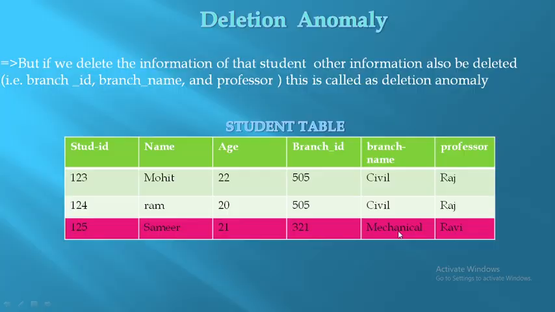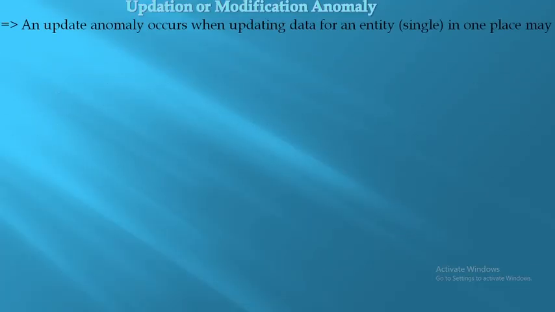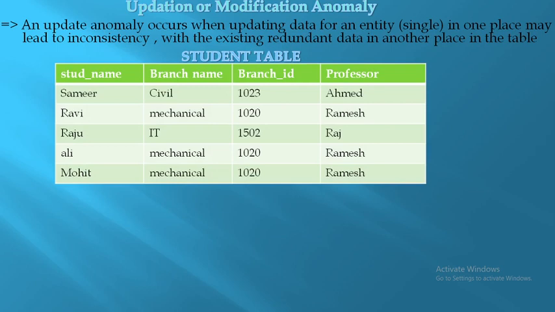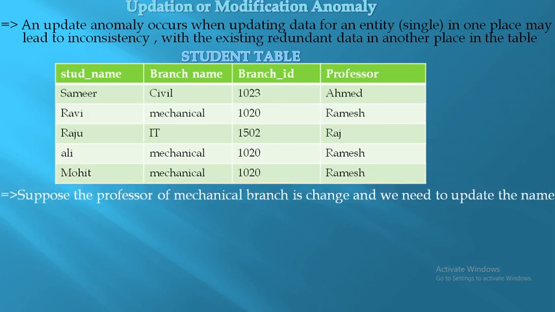Updation or modification anomaly. An updation anomaly occurs when updating data for an entity in one place may lead to inconsistency with the existing redundant data in another place in the table. Let us understand updation anomaly with the help of this student table. In this student table, we have student name, branch ID, and professor. Suppose the professor of mechanical branch is changed.